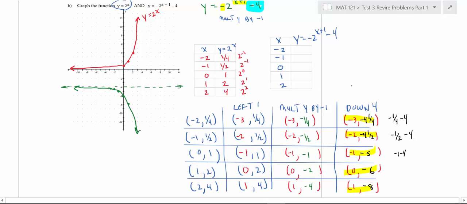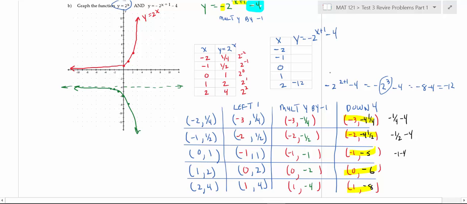All right, so let's start with 2. So you could do negative 2 to the 2 plus 1 minus 4. Okay, so that is negative 2 to the 3rd minus 4. Now you got to do this. So see, that negative is not a part of what's being cubed. So that's negative 8 minus 4. So that's negative 12. Okay, so you get a point 2, negative 12.